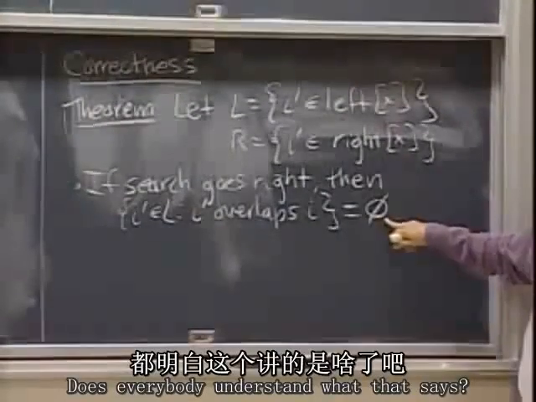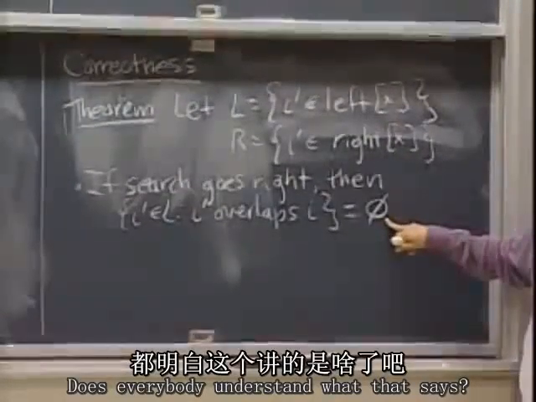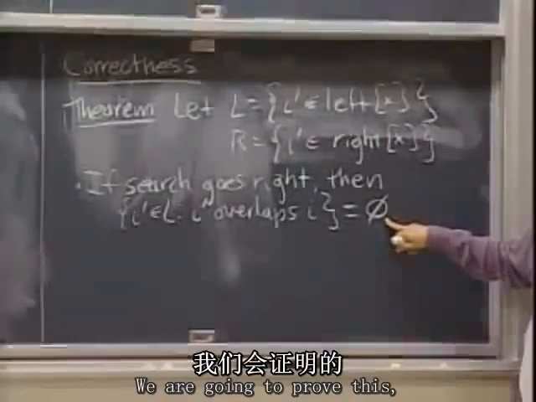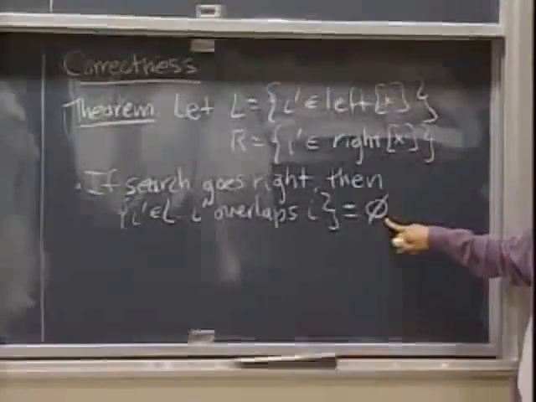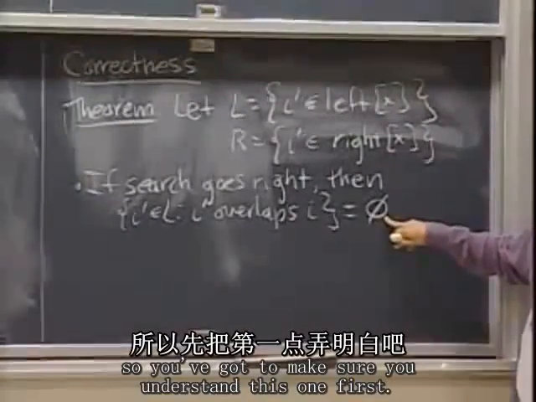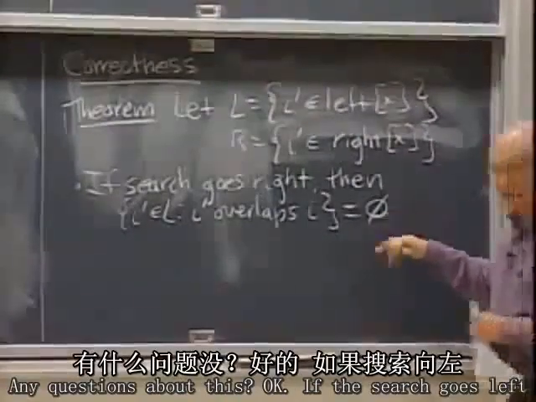Does everybody understand that? I'm going to prove this, but I want to make sure people understand, because the second one is going to be harder to understand. So make sure you understand this one first. Any questions about this? Okay.